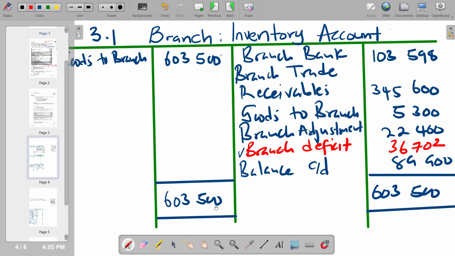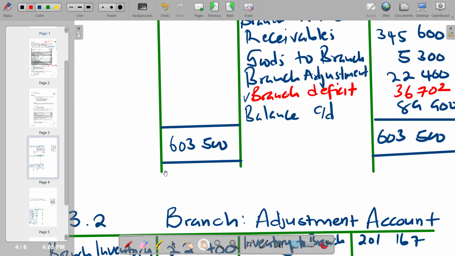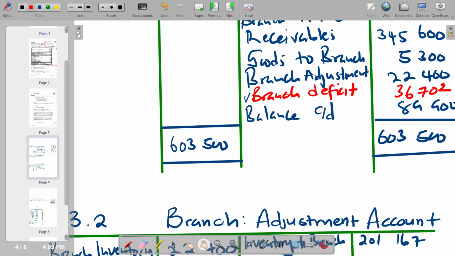Before we go to the branch adjustment account, we have a CD which is supposed to come on the opposite side, below the double lines, as our BD. So we say balance BD 89,900, the same amount as we have as our CD here.